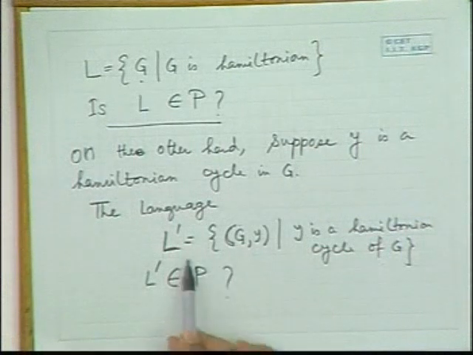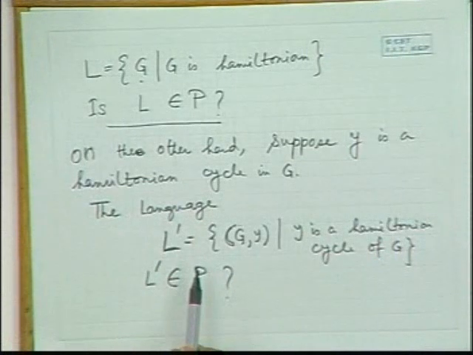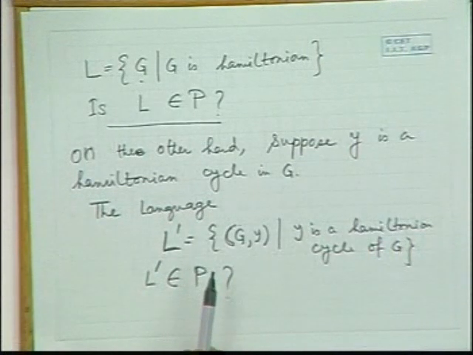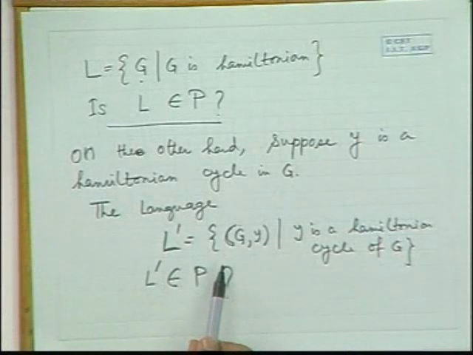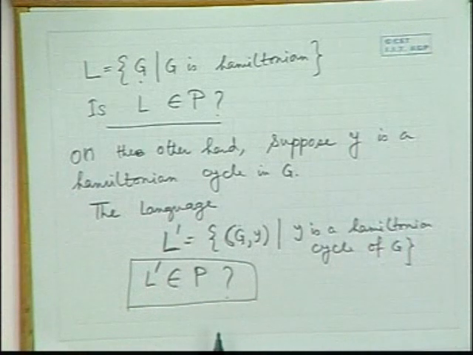So we are asking whether there is an algorithm that, given G and a Hamiltonian cycle of G, decides whether it is the Hamiltonian cycle of G. Definitely this is polynomial time solvable, because given the cycle Y, you will first check that all the vertices of the cycle Y are present in the graph G. Then you check that all the edges of the cycle Y are present in the graph G. Then you check whether all the vertices of the graph G are covered.